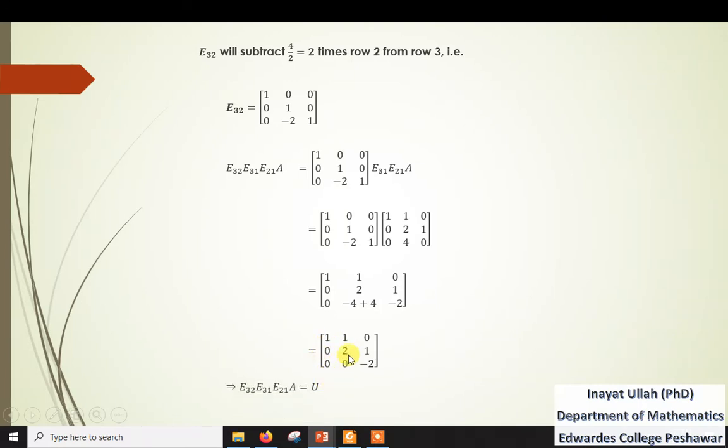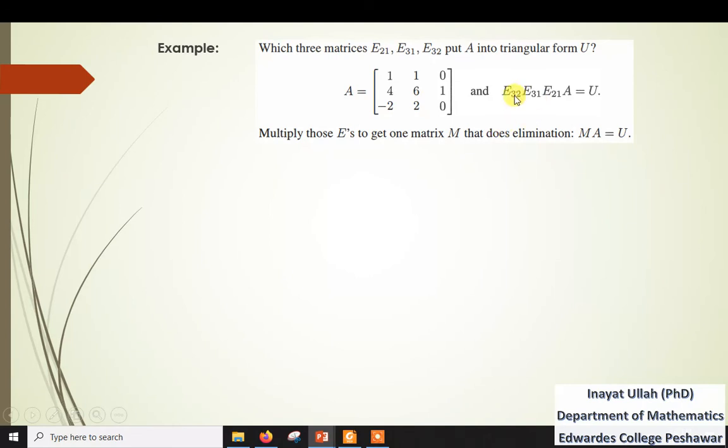So that is actually U, the upper triangular matrix. So all these three elimination matrices, separately, make this matrix A into an upper triangular matrix. So that was the first part, that all these three elimination matrices separately convert this matrix A into an upper triangular matrix.